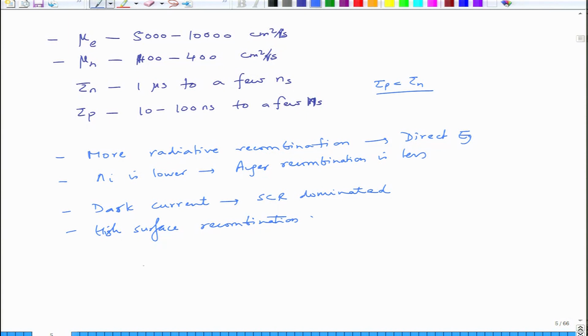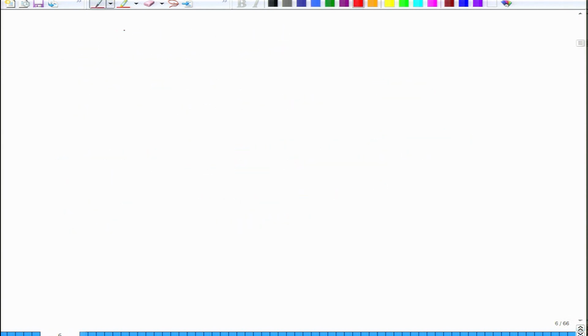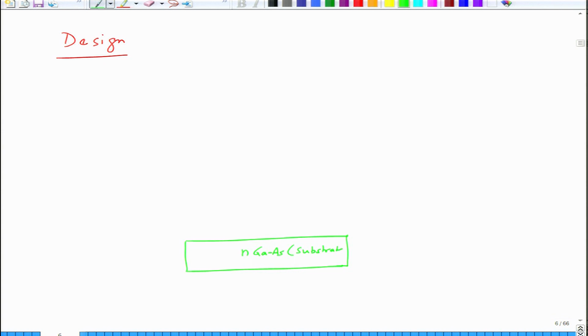So, generally gallium arsenide solar cell, the design is like this. You can start with the bottom layer, let us say. So, we have N gallium arsenide as substrate, all right, and then we have the back contact.